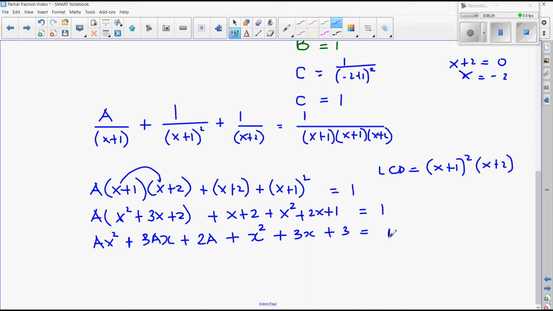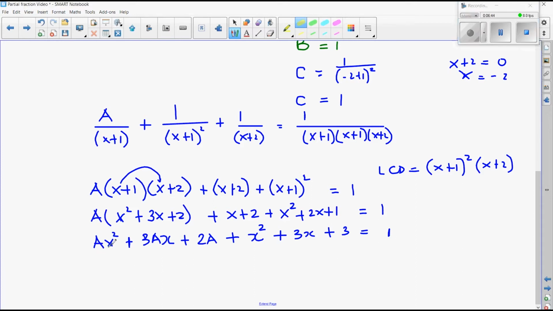You do not need to continue simplifying here, because what you're going to do is look for terms that you can equate. So I'm going to equate all of the terms that contain an x squared, because I need to find a. That's the only thing that I need to find as efficiently as possible.